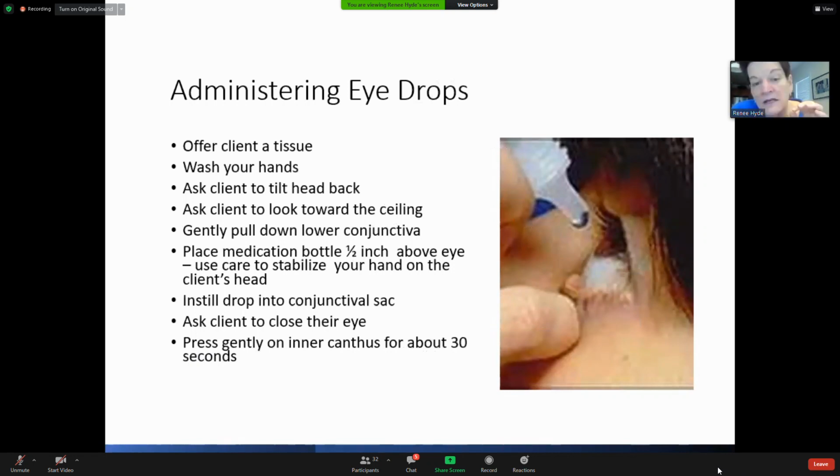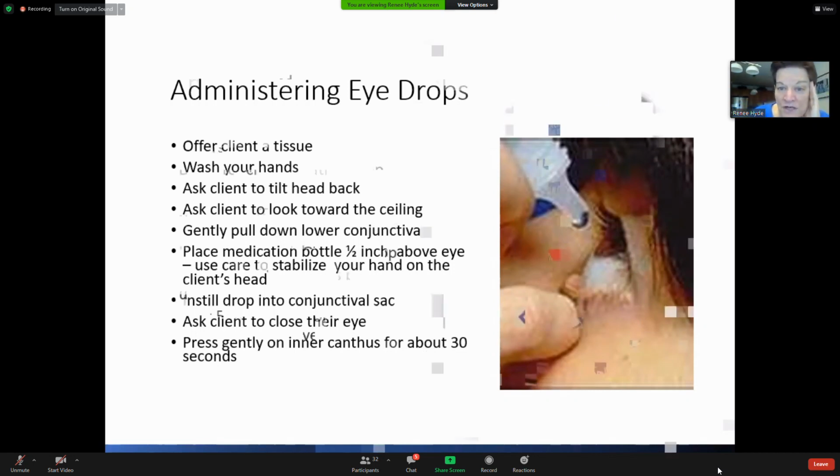Pull down the conjunctival sac and instill it there. Ask them to close their eye and move their eye around. Again, press on the inner canthus for about 30 seconds to prevent systemic absorption.